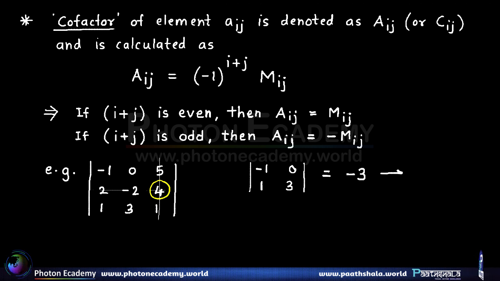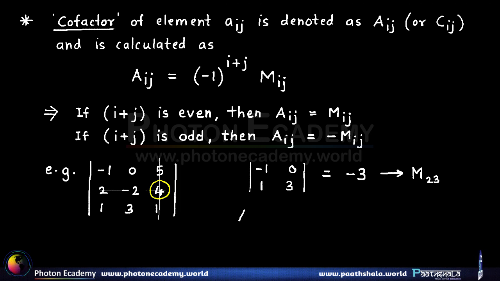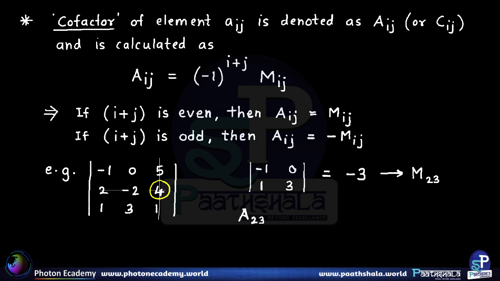As the element 4 is present in the second row and third column, this minor is capital M23, the minor of element A23. Now to calculate the cofactor, denoted by capital A23, we observe that i is 2, the row number, and j is 3, the column number, and 2 plus 3 is an odd number.